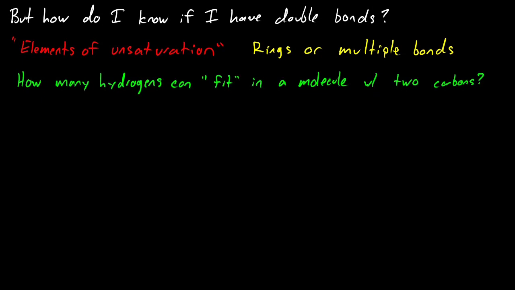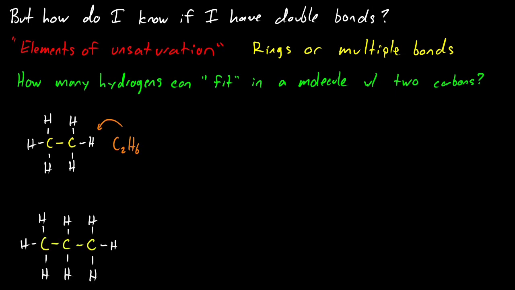We'll start here by asking how many hydrogens could possibly fit in a molecule with two carbon atoms? What is the maximum number of hydrogens I could have? Well, in order to do this, I would draw two carbon atoms, I would give them enough bonds so they would both be neutral, and I would fill in hydrogens at every available bonding position. So if I have two carbons, I can fit six hydrogens.